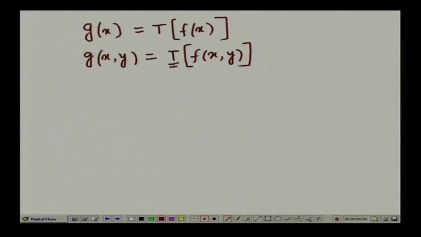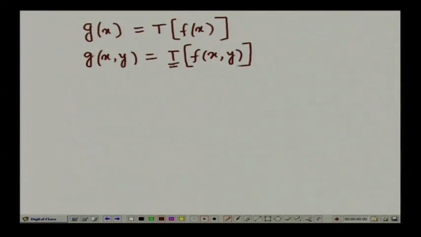For the time being we are considering the case where the operator T works on a single image, and when we want to find out a processed image at location (x, y), this operator T works on the original image f at location (x, y), considering a certain neighborhood of the point (x, y) to determine what will be the processed pixel value at location (x, y) in the processed image g.